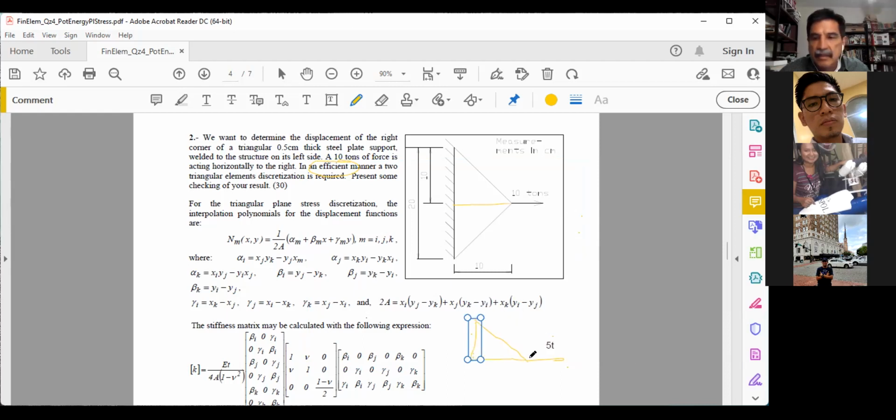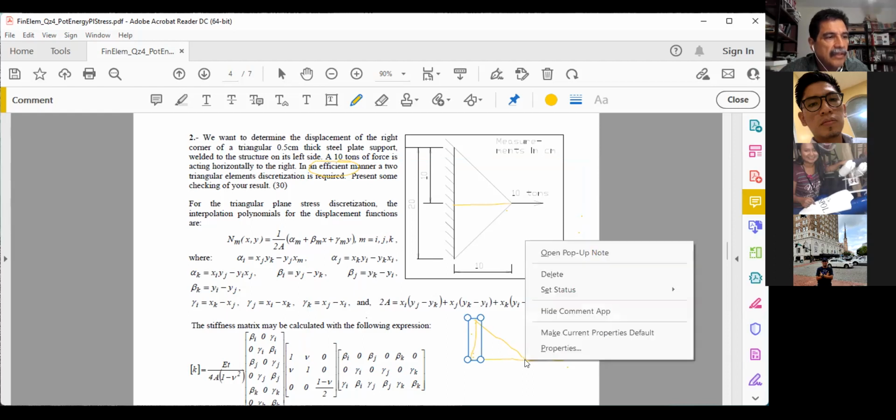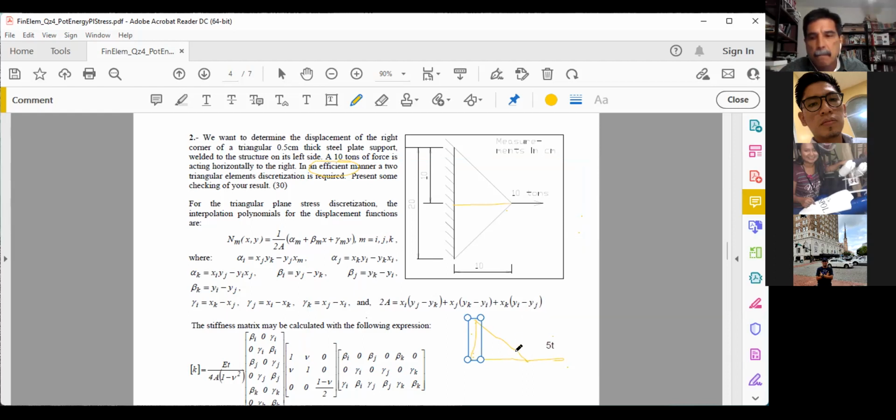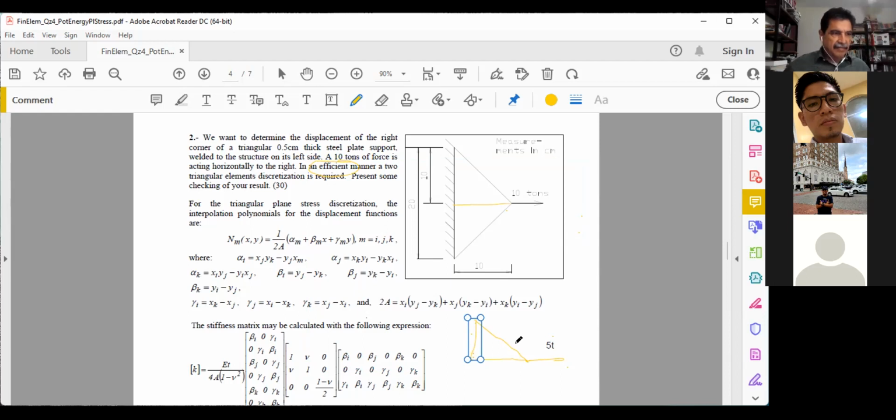And finally, Ms. Lopez, what about this point here, which is this one here? What can you tell me about this point? This point, I have displacement in direction X. And what happened in the Y direction?